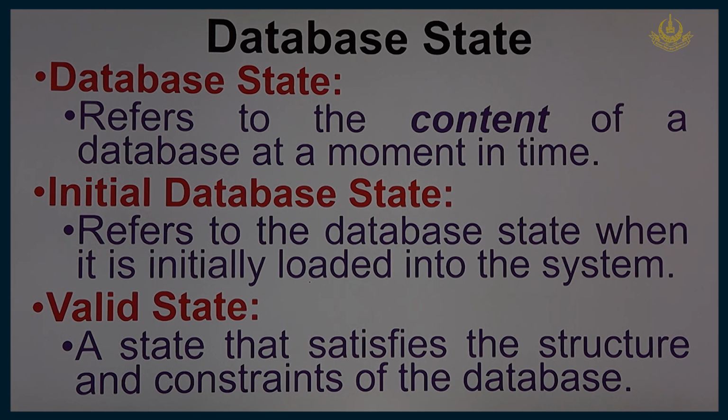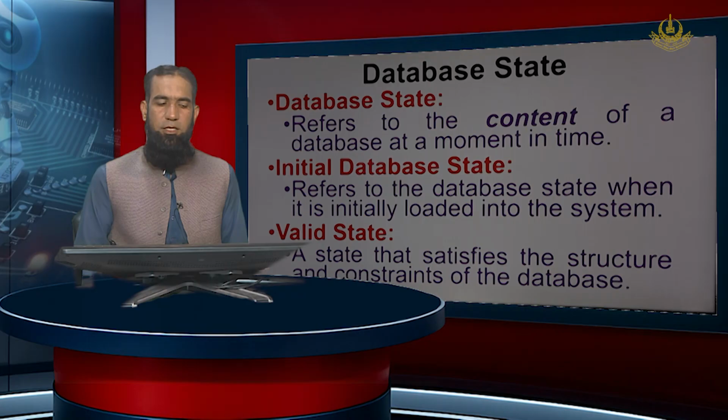However, an initial database state is when we power on the system. The valid state is a state that satisfies the structure and constraints of the database. For example, at a specific time, if we check the state and there are some entries that do not satisfy the constraints applied on the database, it means that's not a valid state.